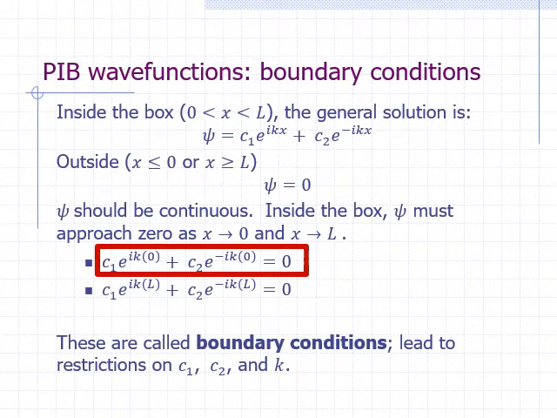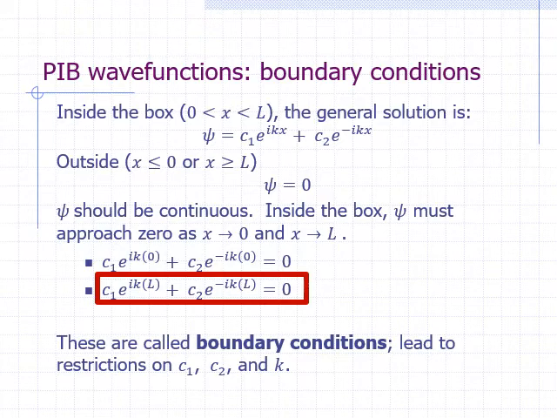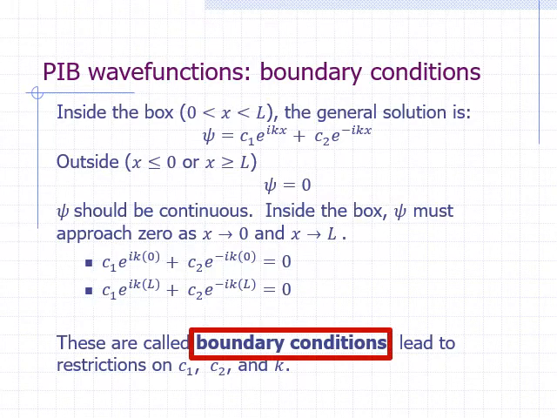Similarly, substituting L for x, we get C1 times e to the ikL plus C2 times e to the negative ikL is also equal to 0. These two conditions are called boundary conditions, and as we are about to see, these lead to restrictions on what C1, C2, and k could be.